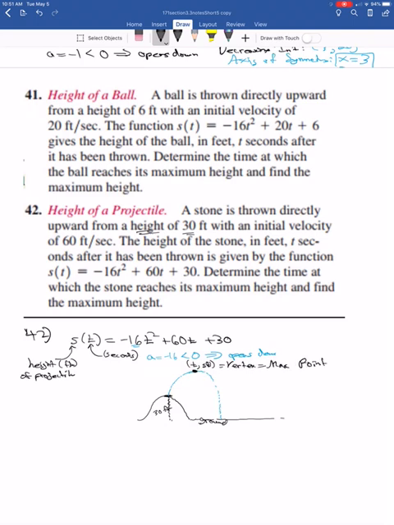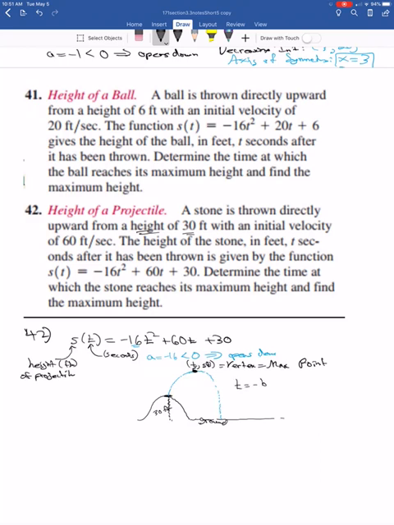It's where it changes from increase to decrease. So we have to find the vertex. To answer this question, we know at time t equal to 0, we were 30 feet in the air. Then it starts to go up, up, up until we get to this time value, t, where we get to our max height. So if we're going to answer this question, we need to find the x-coordinate of this vertex.